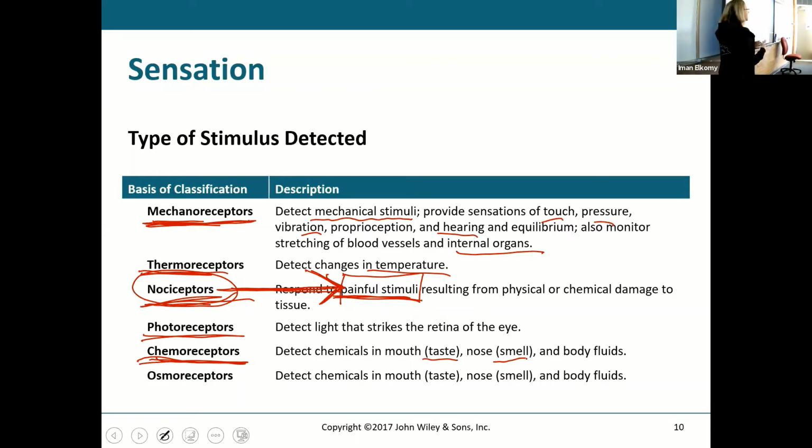And not only that, but things like taste and smell being perceived. Remember, you have a sensation with a stimulus, but then you have a perception. It's totally possible that what I think is sweet may not be sweet to you because you have a different perception of it.